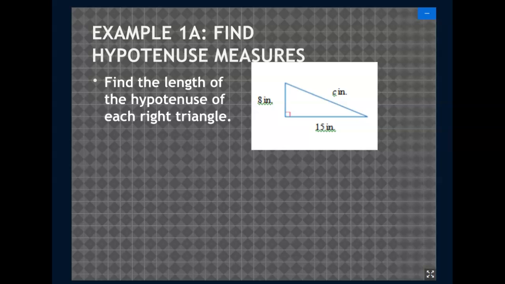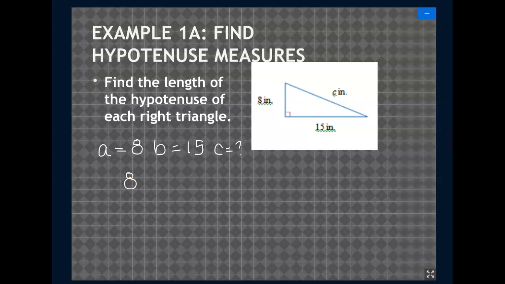So in the example here, we are looking for the length of the hypotenuse, or the missing side to the right triangle. So we're going to set it up in our formula. So we're going to identify our A, our B, and our C. So we'll say A is 8, B is 15, and C is in question.